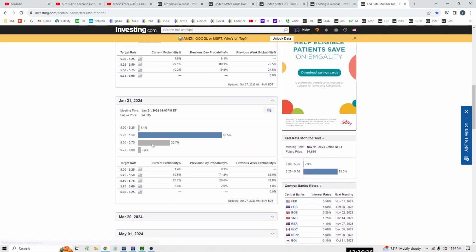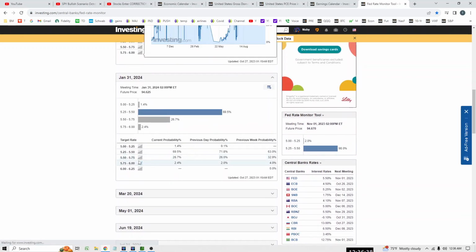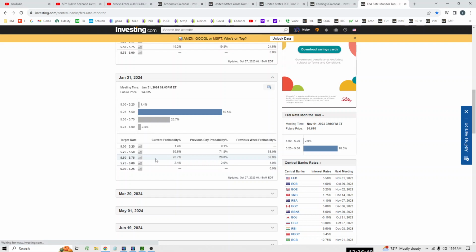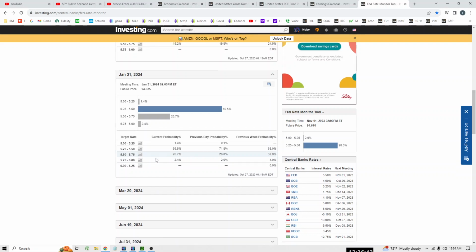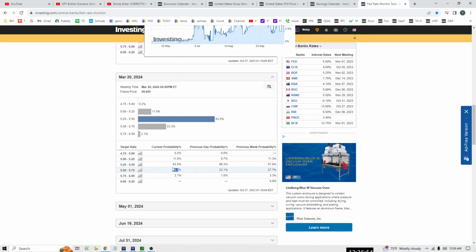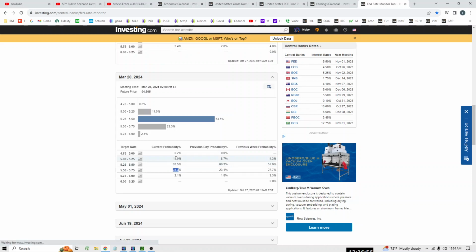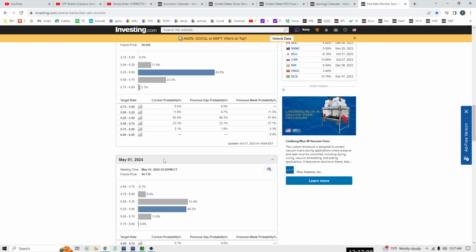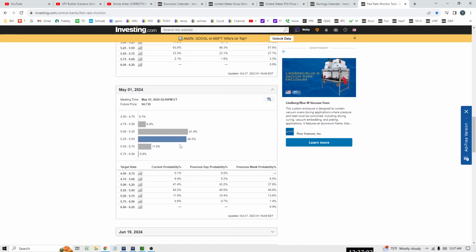So how long will they stay? And this is actually quite high, actually. I didn't realize it, but yeah, this is 23. So it's still a higher percentage of a rate hike than a rate cut, all the way to March of 2024, right?